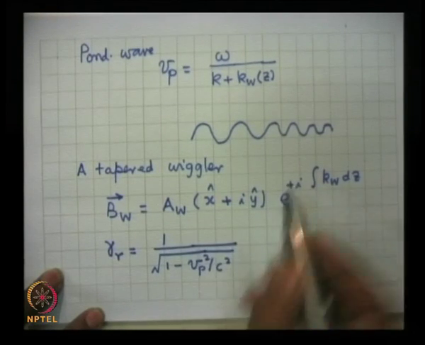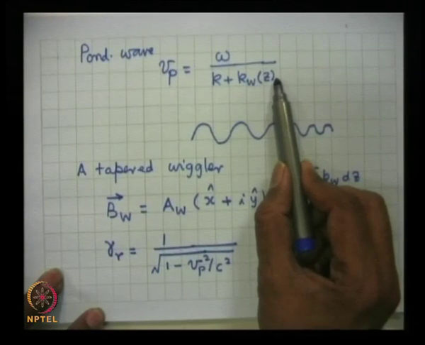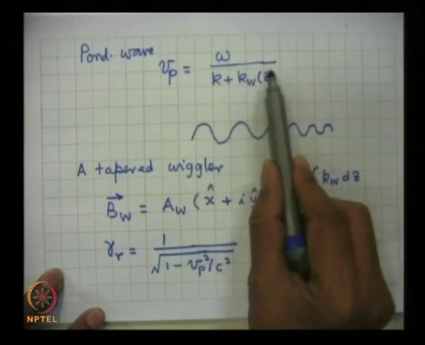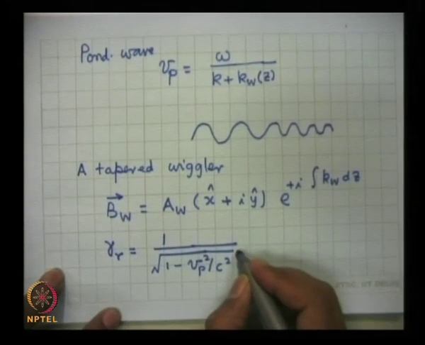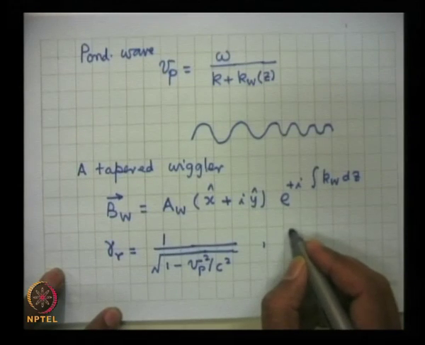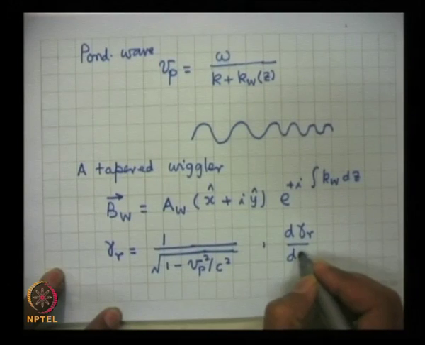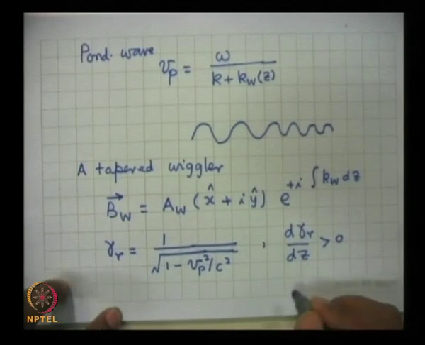So, whenever the phase velocity Vp of the quantum motive wave is a decreasing function of z, gamma becomes an increasing function of z, and you can choose this. So, in a tapered wiggler FEL, d gamma r by dz is bigger than 0. You choose a finite value.